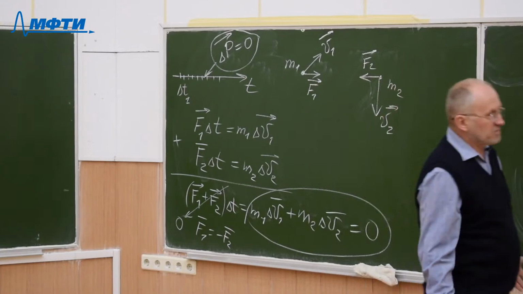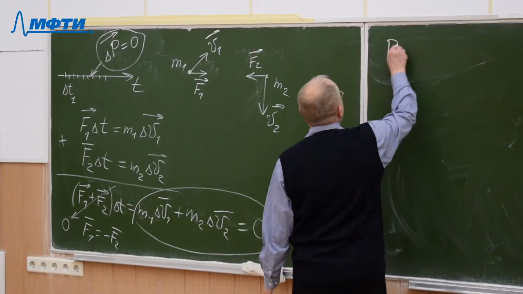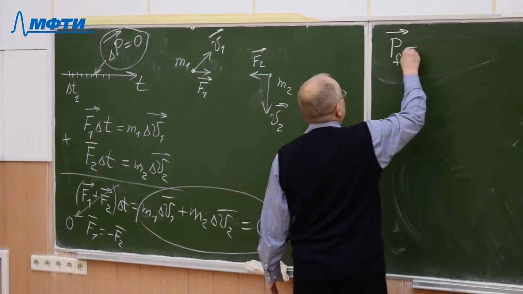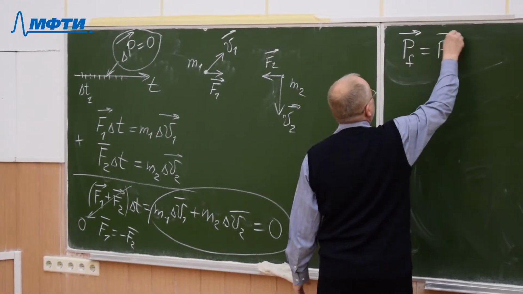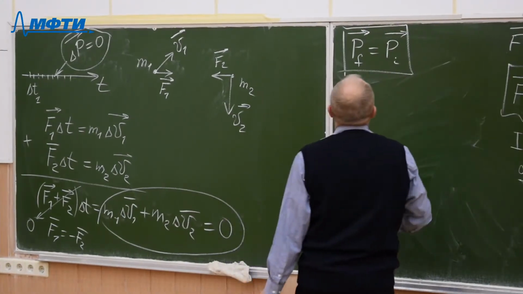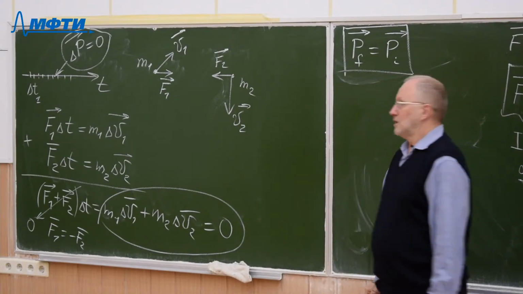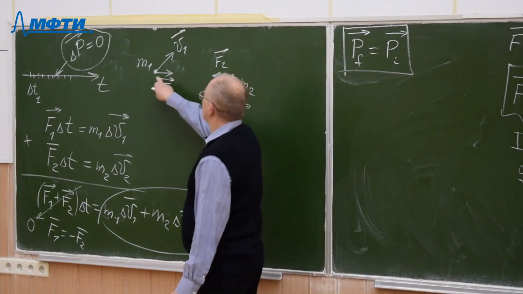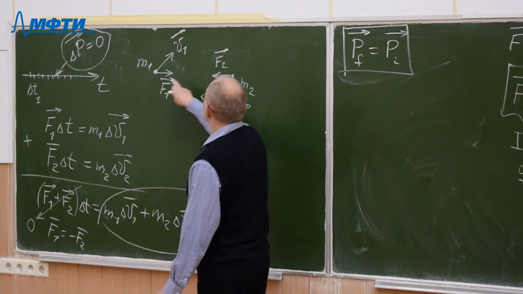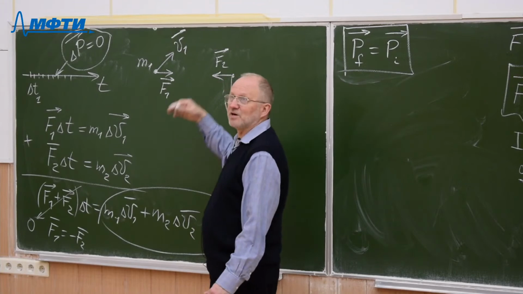What does it mean, the change of momentum is 0? It means that the final momentum equals the initial momentum. That's the law of conservation of momentum for a system of particles. Certainly, we may consider many more particles. We may consider 3 particles interacting, or 4, or 5, or 100 particles, 1,000 particles.